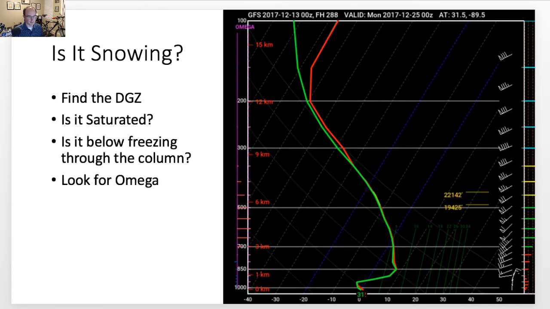So, what we've got to do in this case is go back to the original case. We're talking about the day before Christmas in 2017. We're looking out 288 hours. How many days is that? That is 12 days. No, 11 days.